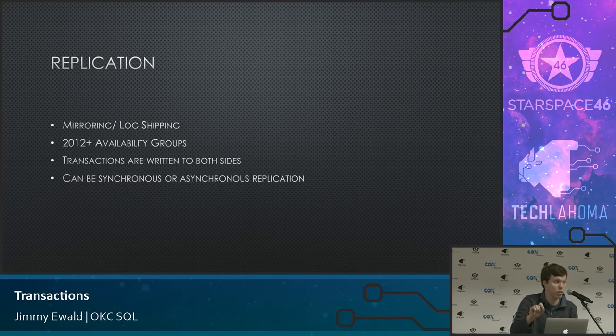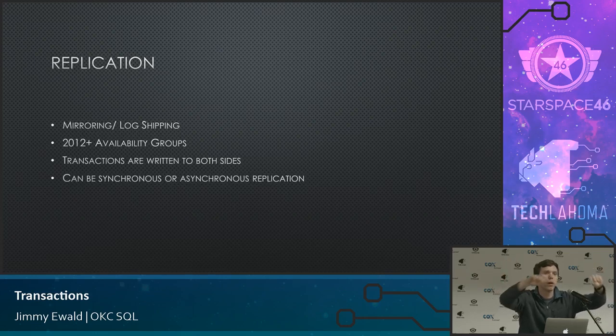Synchronous replication is where you complete a transaction on side A. Side A is your primary server, okay? You write your transaction to that server. Then before the transaction is committed, the transaction must make its way all the way to the other server and actually complete over there before it'll commit on both sides.